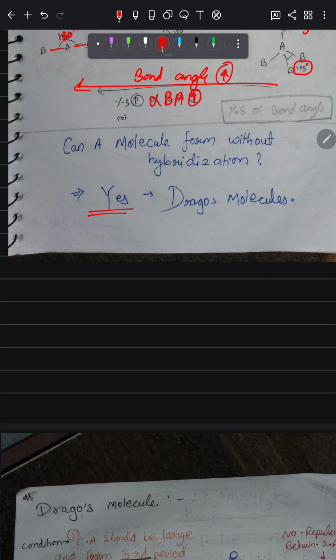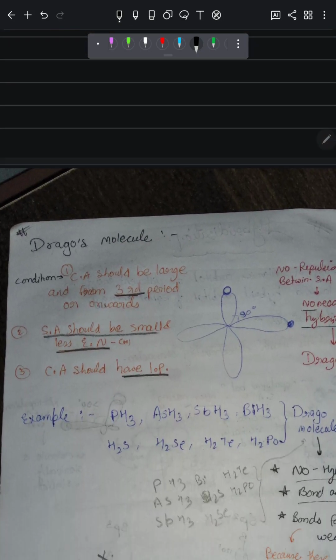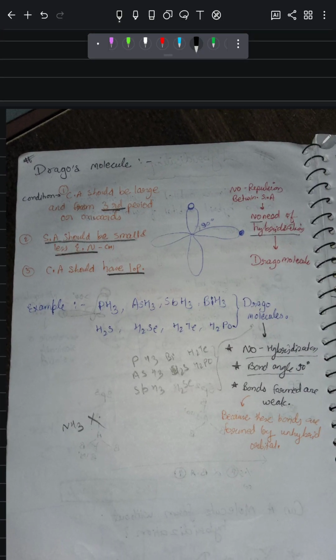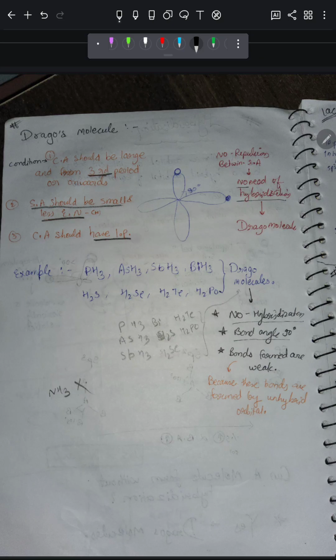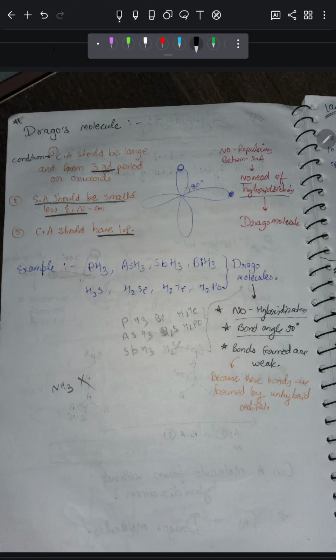The answer is yes, and those types of molecules which form without hybridization are called Drago molecules. There are some conditions to fulfill for a Drago molecule. The first essential condition is that the central atom should be larger and from the third period or onwards. It cannot be from the second period.